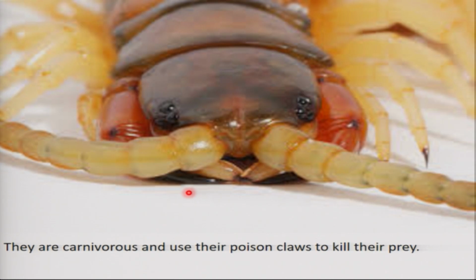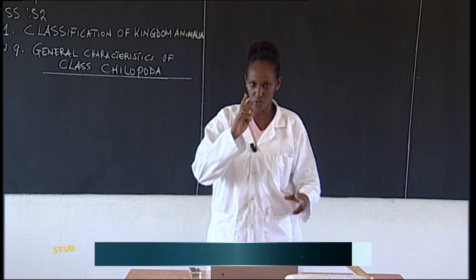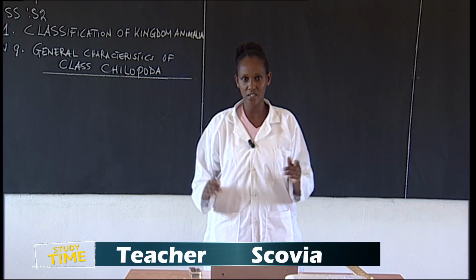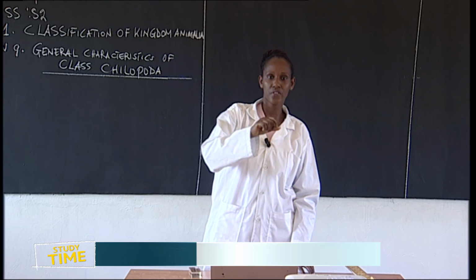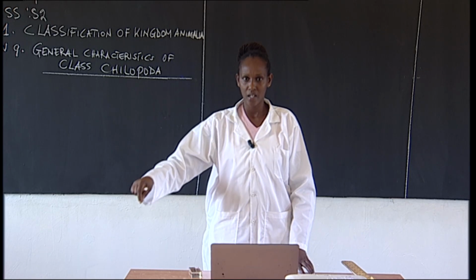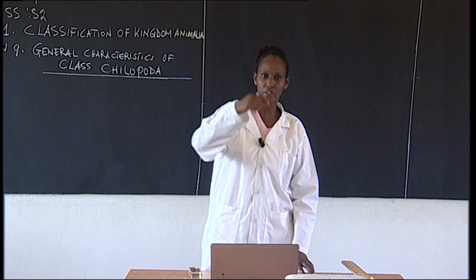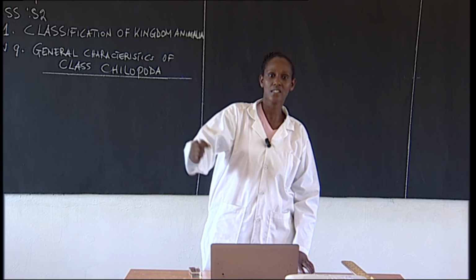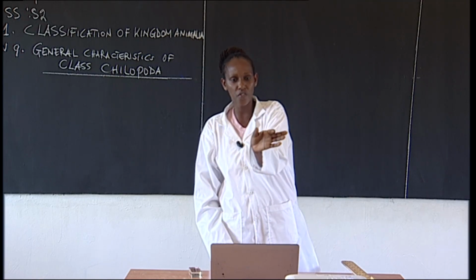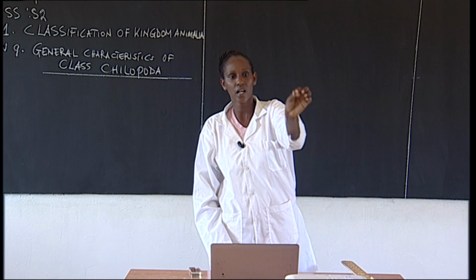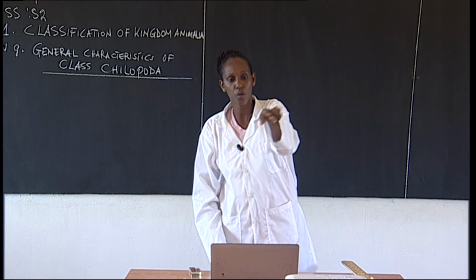When we talk of the word prey or predator, there are two different words meaning different things. A prey is the animal that is being fed on, but the predator is the one that feeds on the other one. So the reverse is true. If this is a Chilopoda, the animal that it has to eat, we call it a prey.